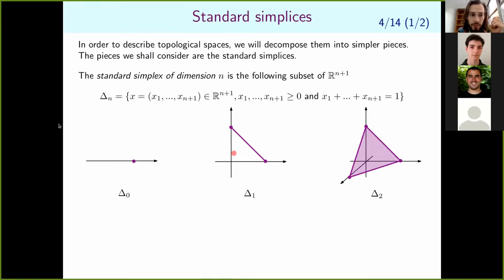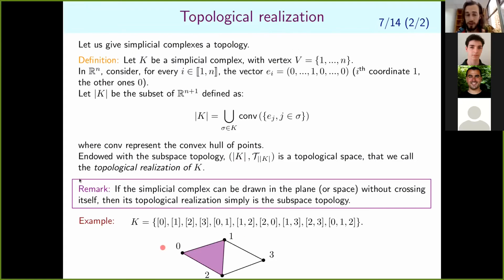What you could do is say, okay, for each of these simplices, I take the corresponding standard simplex. It is a topological space, and then I glue all of these standard simplices to obtain my whole simplicial complex. This is called a quotient in topology.